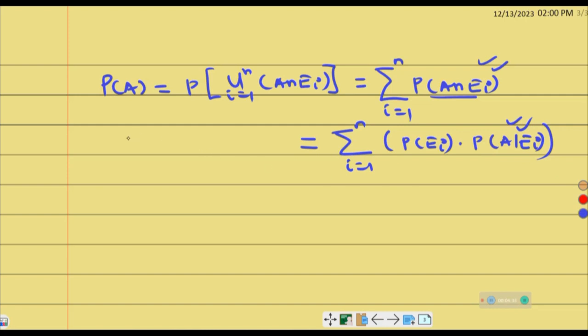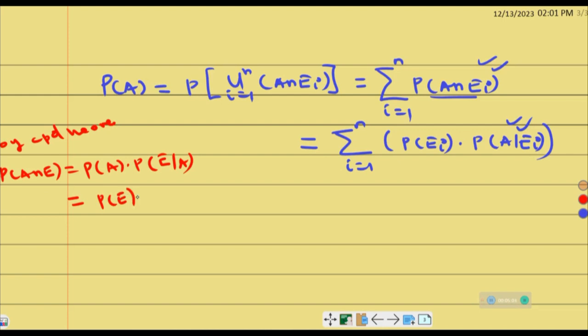How? We know from the compound theorem of probability that the probability of A intersection E is the same as the probability of A times the probability of E given A. You can still write this as the probability of E times the probability of A given E. So we have from the compound probability theorem that the two are true.